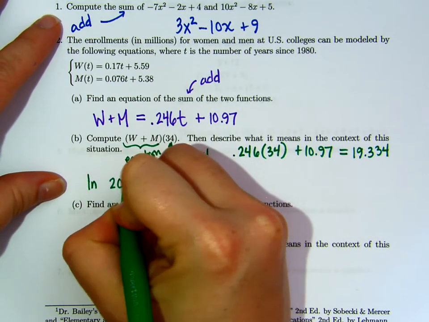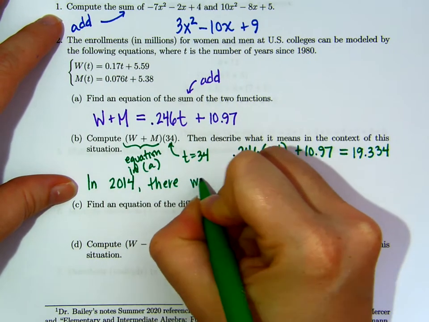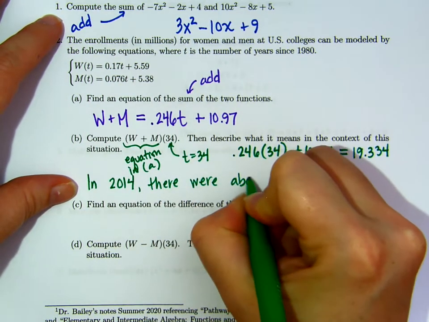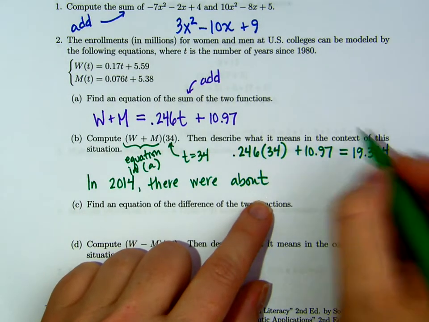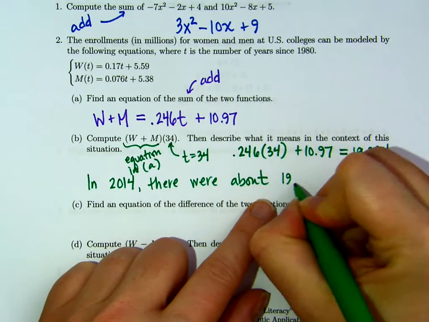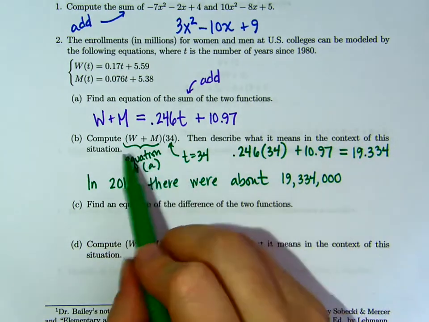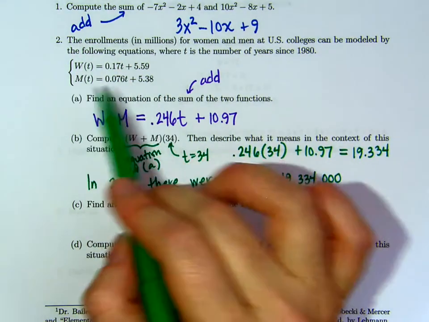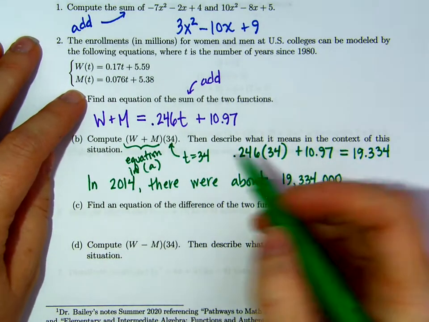In 2014, there were about, this is millions, so enrollment in millions, 19,334,000 women and men. This was not very inclusive, just parsing out women and men, so I'm actually going to write that.